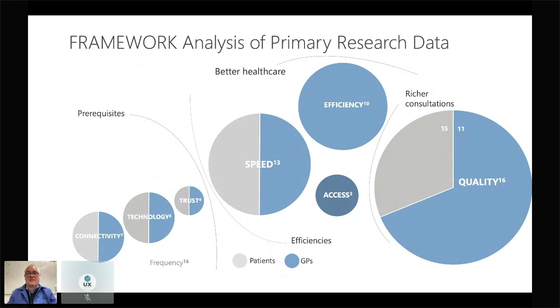And the interesting thing in this early model of the themes in the data is that many of these categories actually went across GPs and patients. And this was not something that was predetermined before we did the research. The topics came out of the data itself.